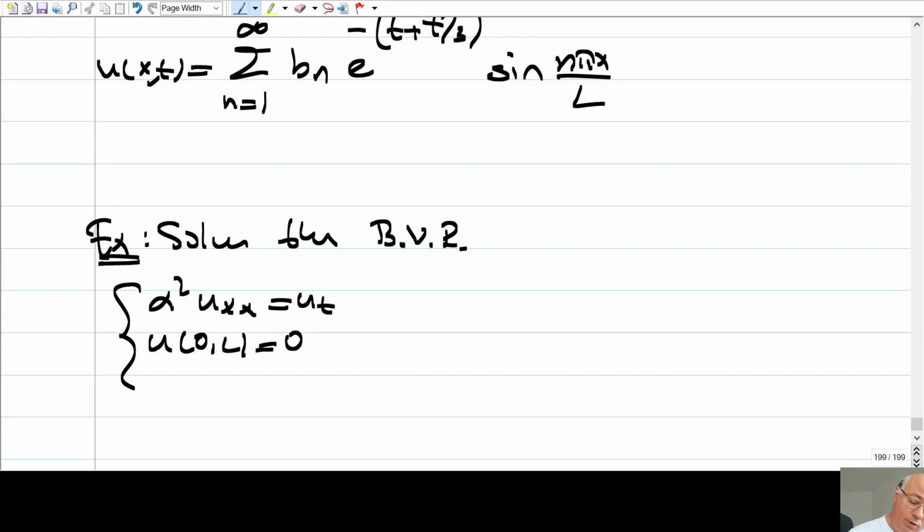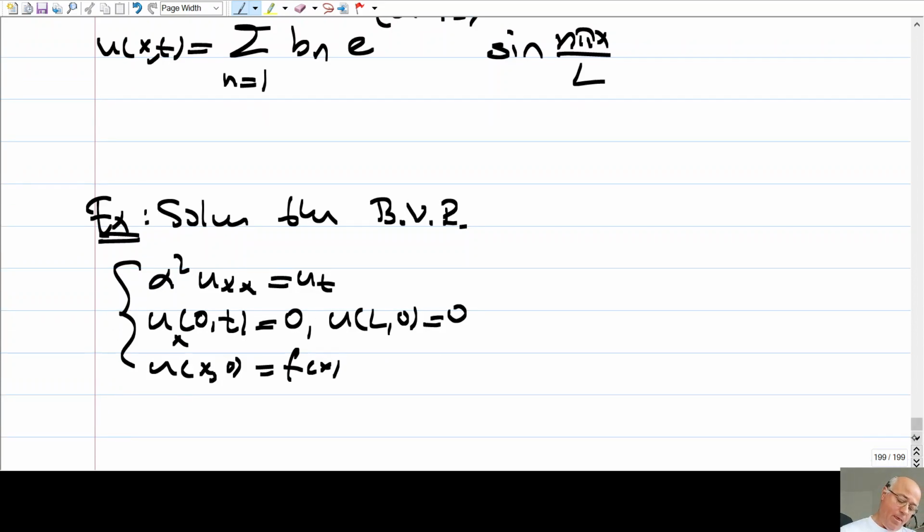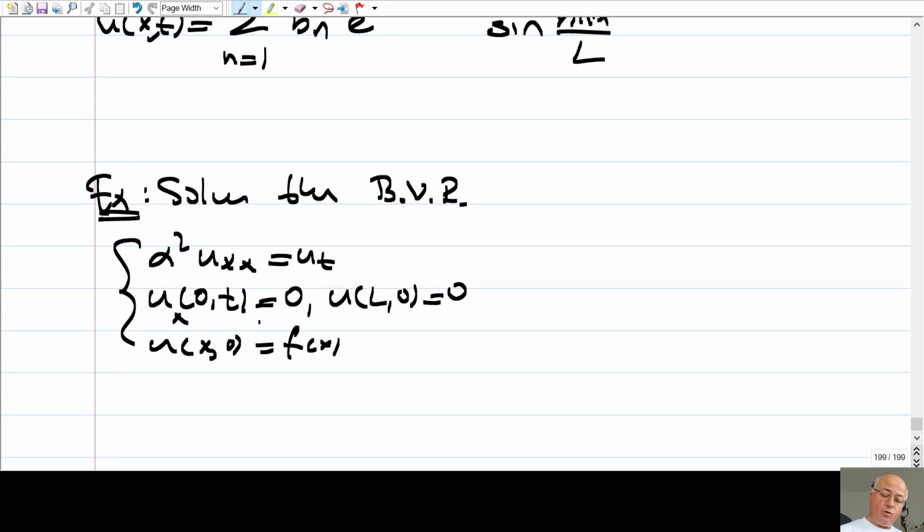u(0,t) is equal to 0. Ama burada bir de şey olsun. Şöyle olsun. Pardon, u_x(0,t)... u(L,t) equals 0 and u(x,0) equals f of x. So this time one end is isolated, the other end is kept at 0.